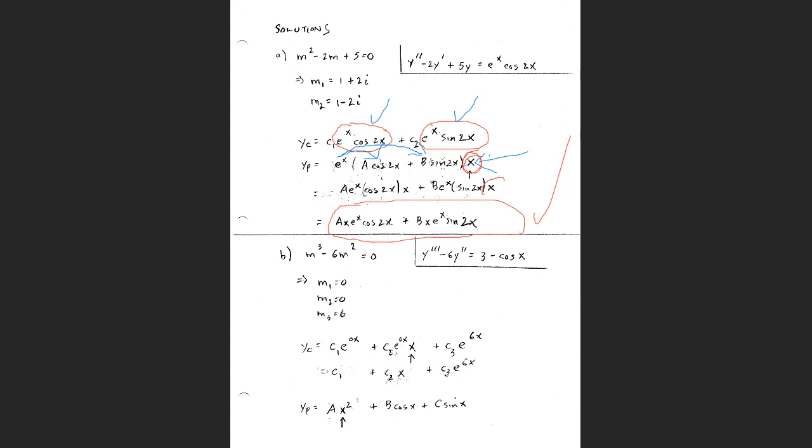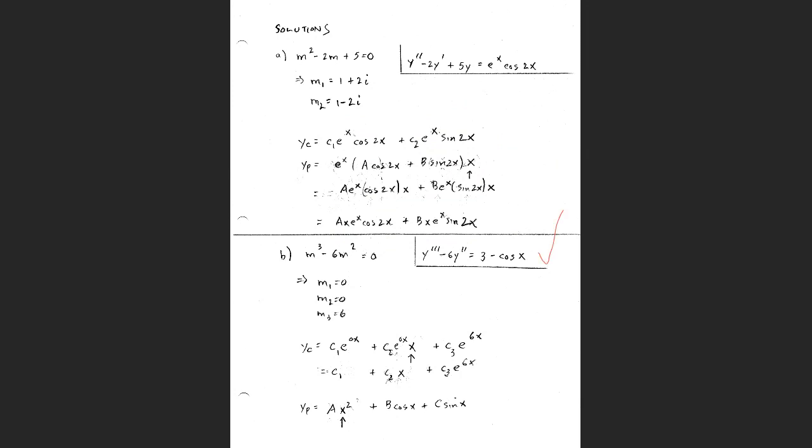Okay, the next differential equation is y triple prime minus 6 times y double prime equals 3 minus cosine of x.